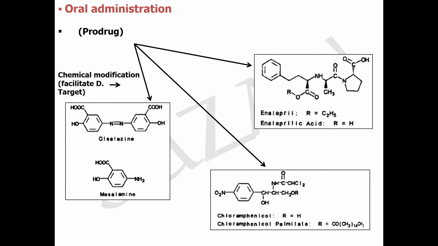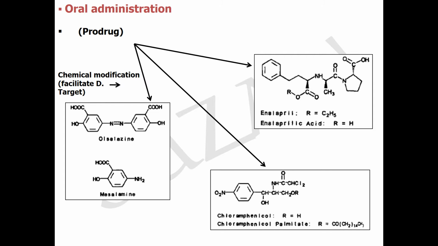The first one is the olsalazine. Olsalazine is used for treatment of ulcerative colitis. This is a prodrug of the pharmacologically active drug mesalamine. Mesalamine, if you see the structure, is 5-amino salicylic acid. Mesalamine is the pharmacologically active compound, but it is not effective orally because it is metabolized to inactive form before reaching the colon.